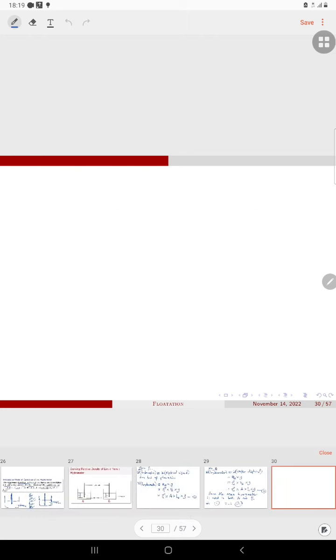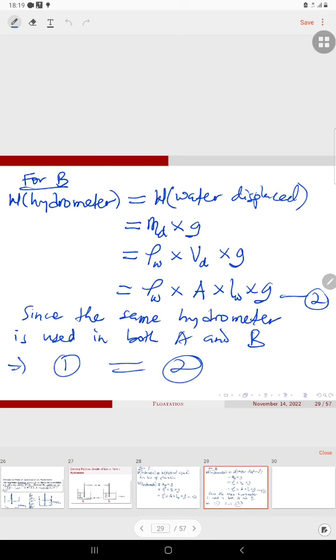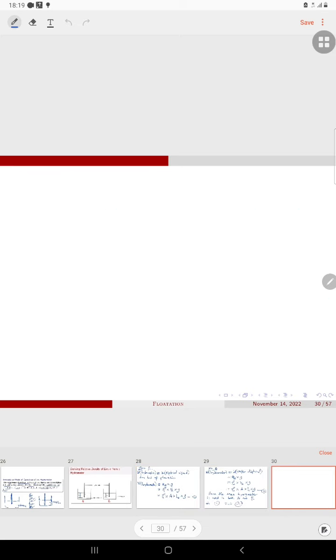So if equation 1 equals equation 2, then rho L times A times LL times g should be equal to rho W times A times LW times g.